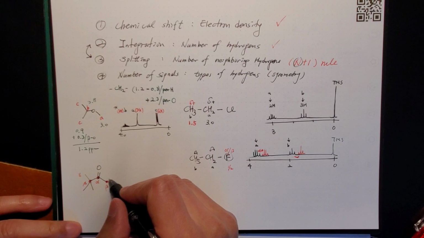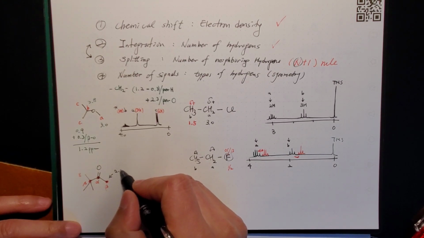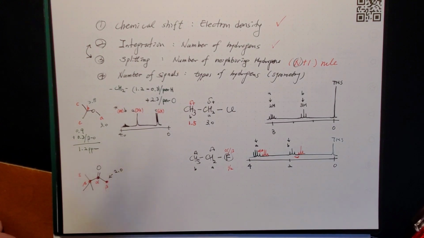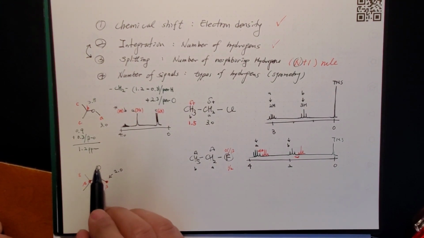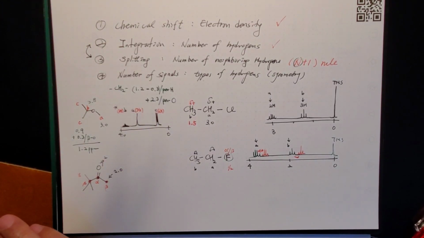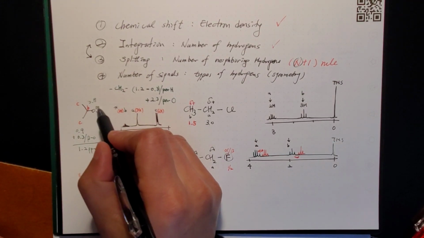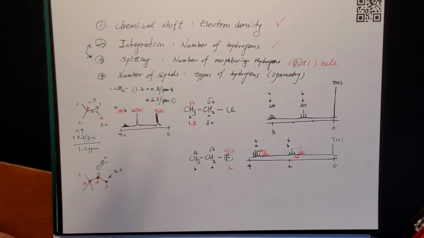But in reality, this is about 2.1 or so for the beta hydrogen. That's because the sp2 hybridized oxygen is more electronegative than the sp3 oxygen. Also, you remember the carbonyl group has a double bond.